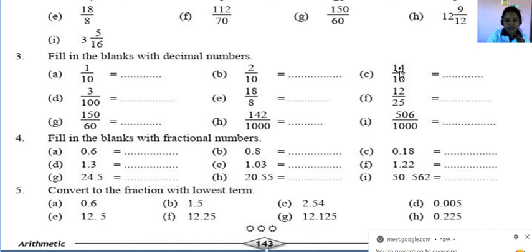You have to calculate from the backward side. Only 1 0 is there, then you will be counting one number, and after that you will be placing the decimal point here. Suppose another question also I want to give to you.